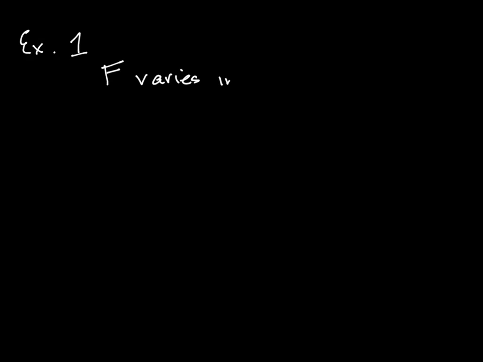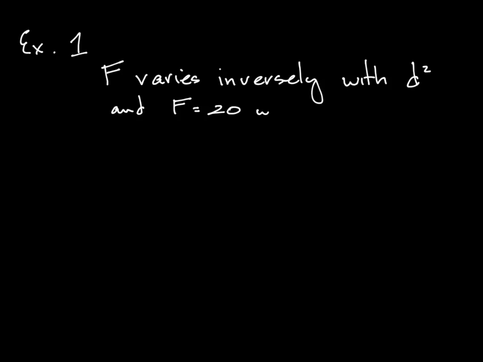Here we're given that f varies inversely with d squared. And initially, f equals 20 when d equals 5. So we'll set up the equation.